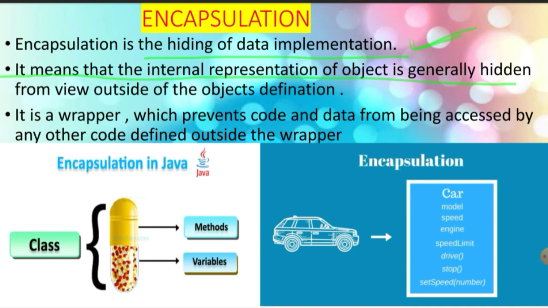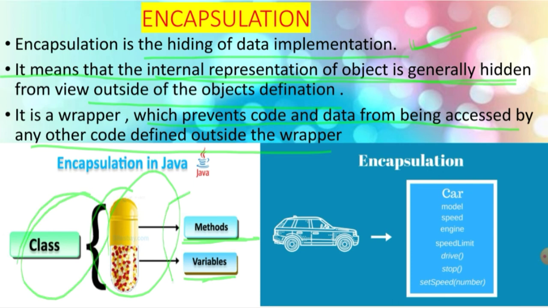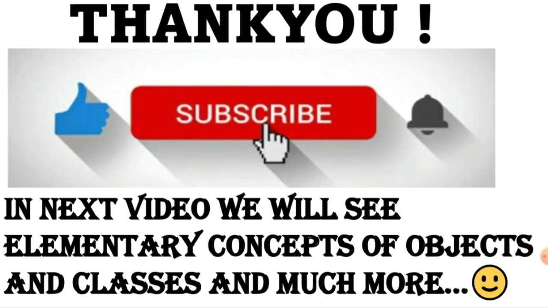We only say this is a car, so that the internal representation of the object is hidden from view outside of the object's definition. Basically, encapsulation can be said as a wrapper which prevents code and data from being accessed by any other code defined outside the wrapper. You can see encapsulation is a wrapper of methods and variables, and both together make the class. So this is encapsulation in Java.